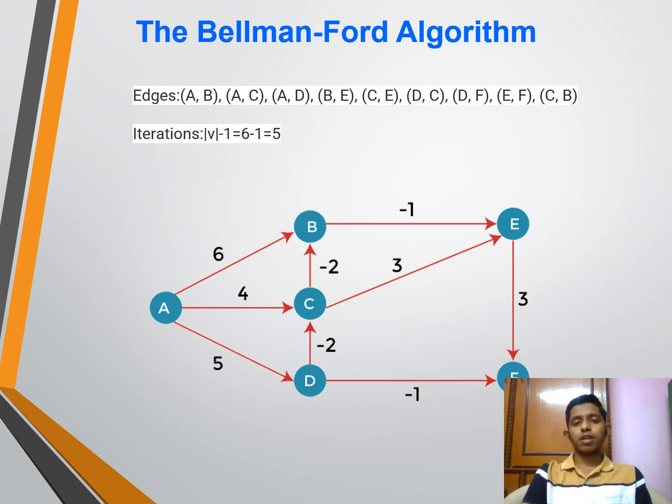The number of iterations to perform the Bellman-Ford algorithm is the number of vertices minus 1, that is 6 vertices minus 1 equal to 5 iterations to be performed on this graph. The Bellman-Ford algorithm is applied on this graph until we get 2 iterations with the same values.